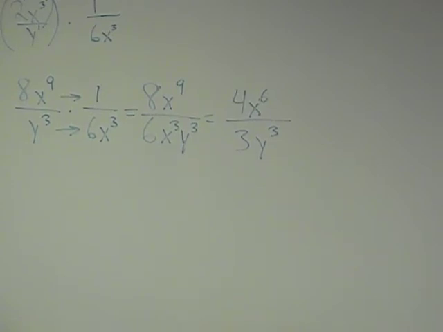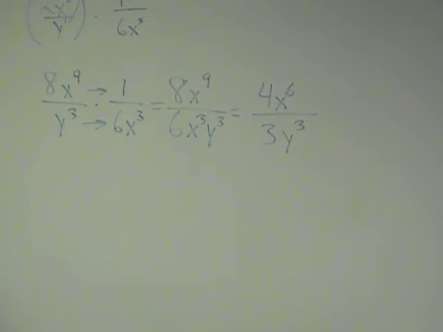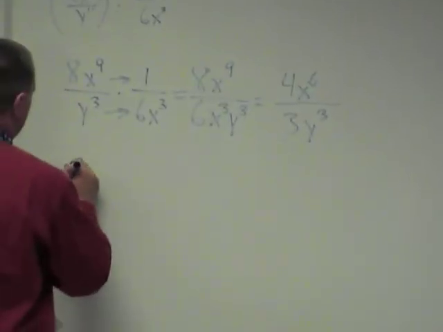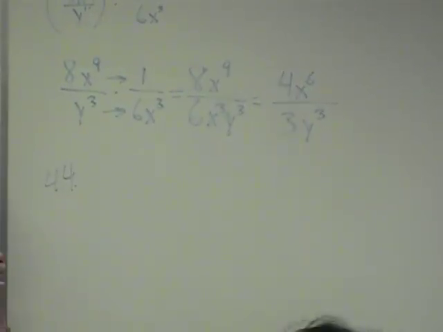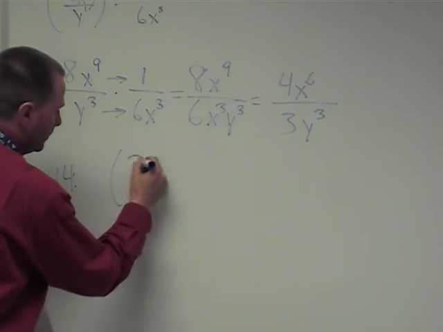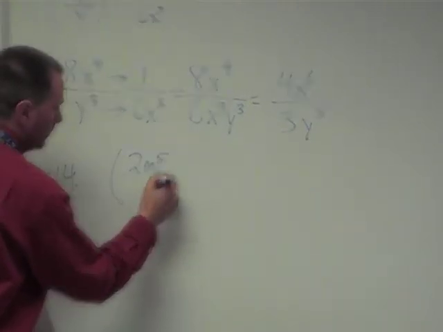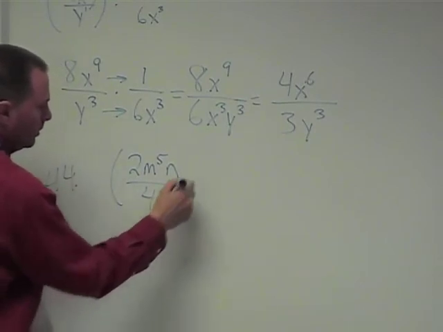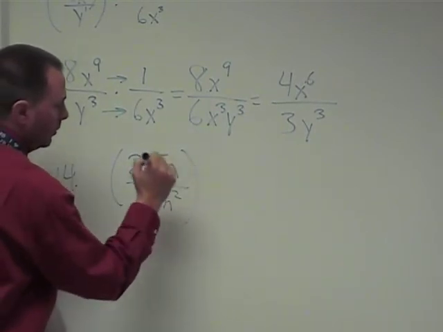Hold on a second. So, Reggie, do you still have a question? Yeah. Okay, what number are you looking at? 44. It's parentheses 2m to the 5th n over 4m squared, parentheses squared.